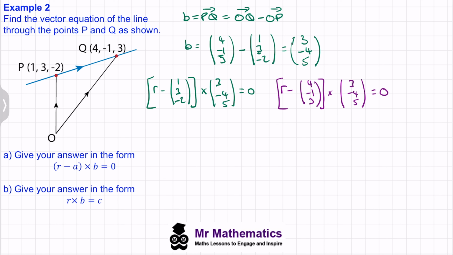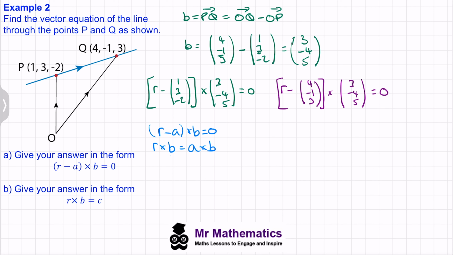For part b, give your answer in the form r crossed with b equals c. Just a quick recap: we know r minus a crossed with b equals 0. So multiplying this out, r crossed with b must equal a crossed with b.